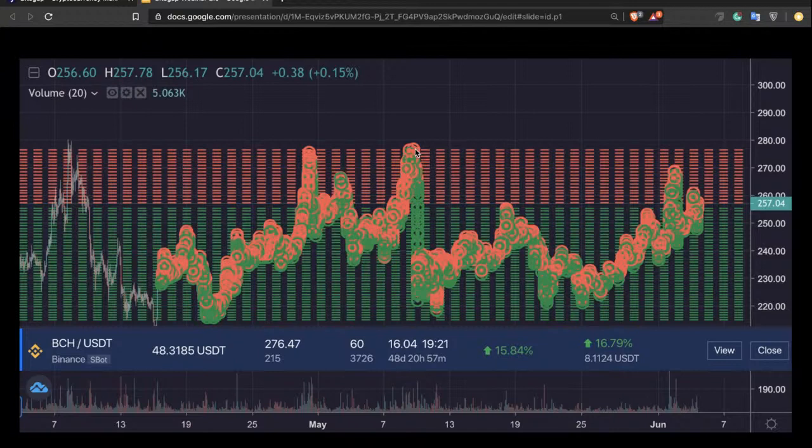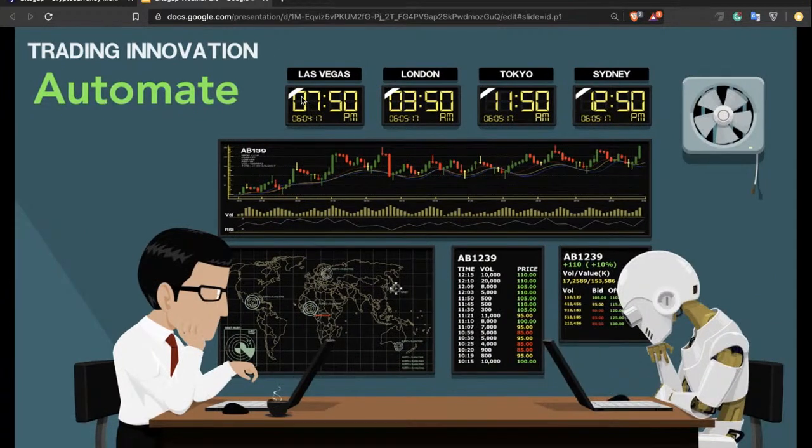So I let my bot use Bitcoin Cash to accumulate profits in USDT, and you see it has generated 16% in total during this stagnation. So yeah, we are working on the automation to let you maximize your return, to let you become active hodlers.